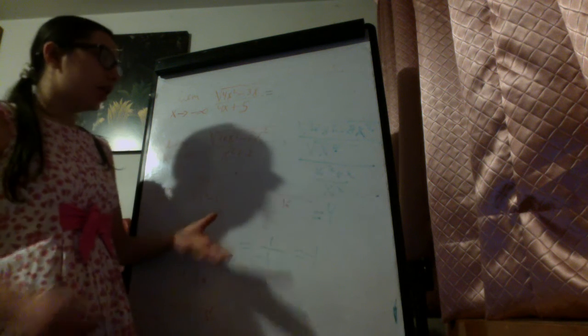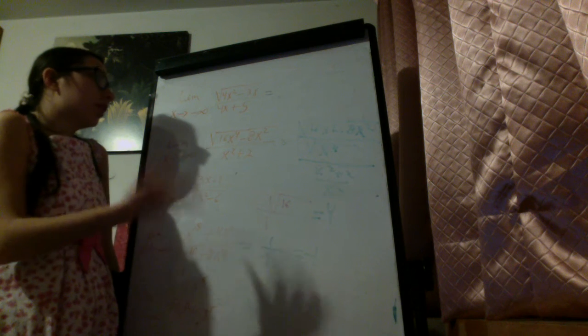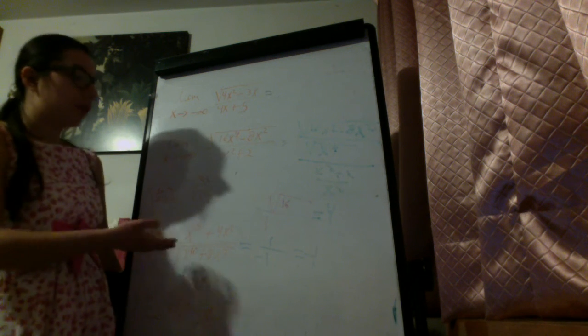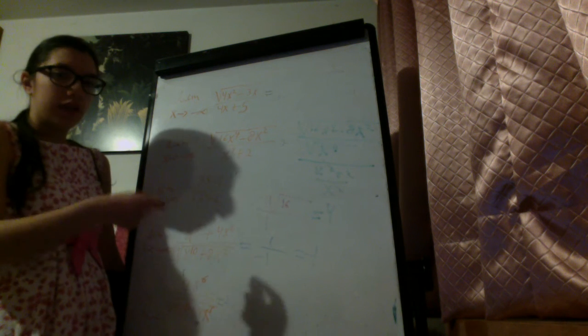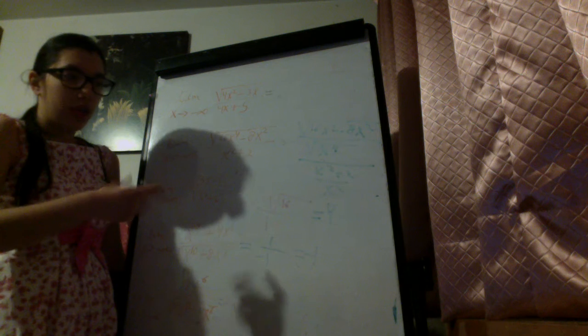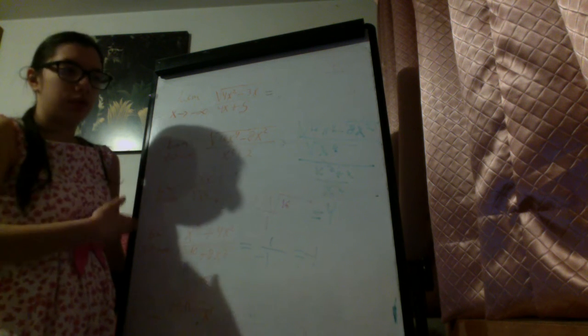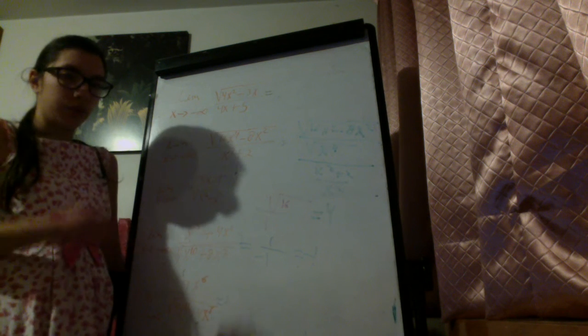The issue is just if the highest degree polynomial inside the root is an x to an even power, even though we're tending to negative infinity, we should not put the negative because the root will be positive. The negative root will be positive.